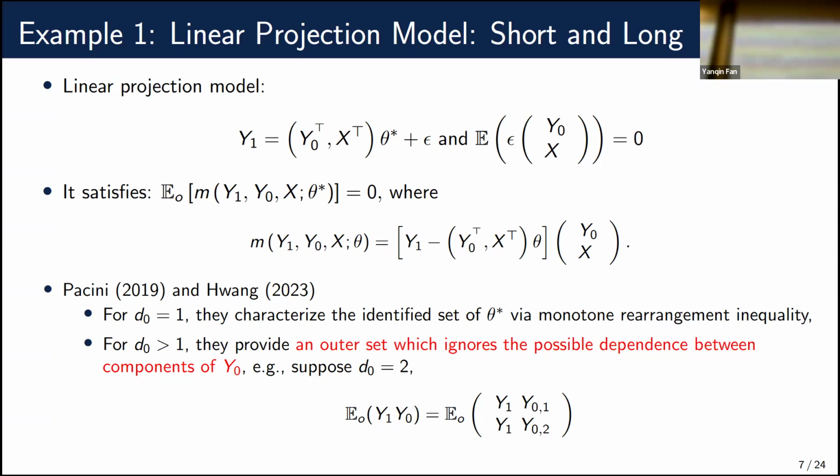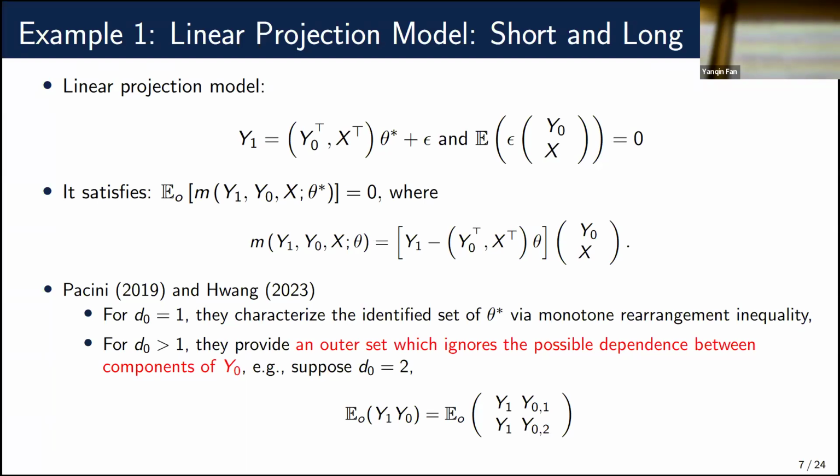So this one I mentioned before, linear projection model, right? So now our assumption is that we identify the two bivariate marginals, but we don't identify the joint. Okay, so let's look at this very simple example and see what happens. So this is a moment function.